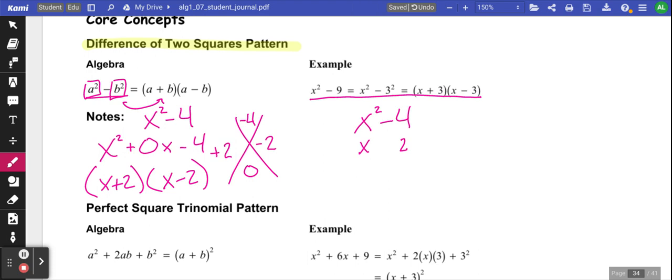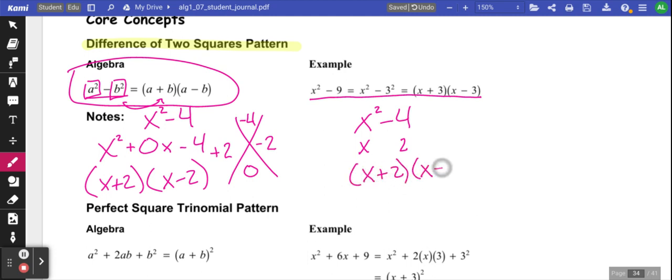So to follow this pattern, that's just going to factor out to x plus 2 and x minus 2. I get the exact same answer as if I had factored it the old way. And you can only do this if you have two perfect squares and you're subtracting one of them.